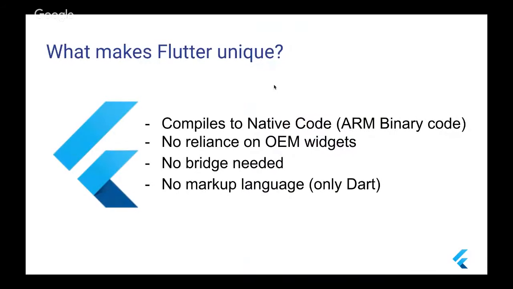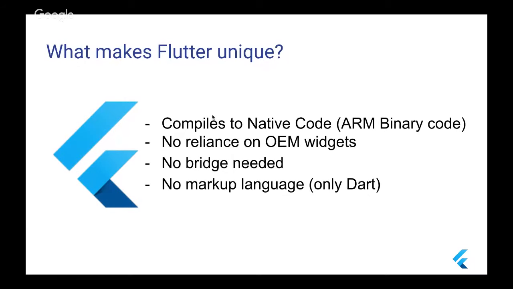So to summarize, what's unique about Flutter? First, Flutter compiles its code to ARM binary machine code. The second thing, Flutter doesn't rely on the operating system itself. What does this mean? It means that you can force your application to work like iOS on an Android device, and also the opposite.